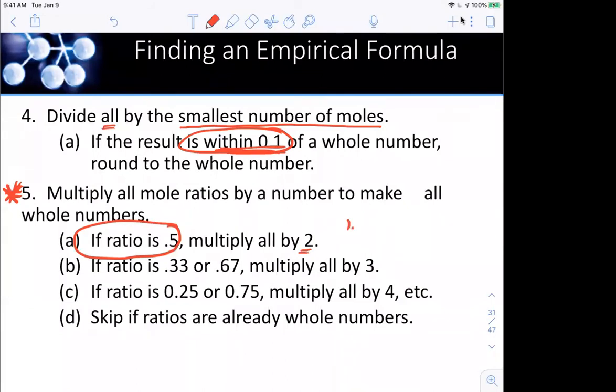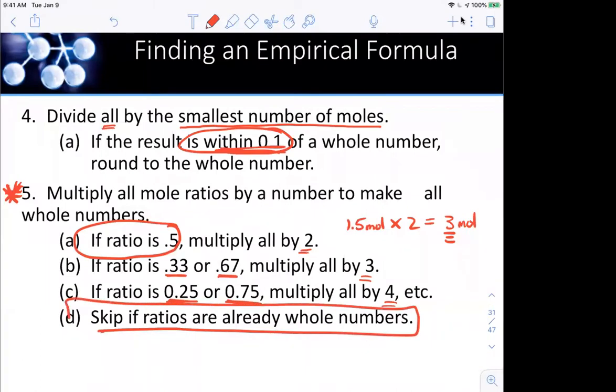So if I get 1.5 moles, I have to actually multiply that by 2 to get 3 moles, because that 3 is an integer value. So if my answer ends in 0.33 or 0.67, I multiply by 3. 0.25 or 0.75, I multiply by 4. If my ratios are already in whole numbers, which honestly happens more often than not, I just skip this step.